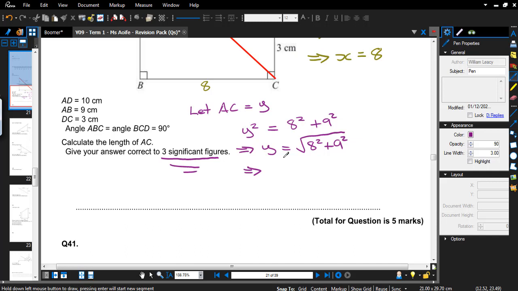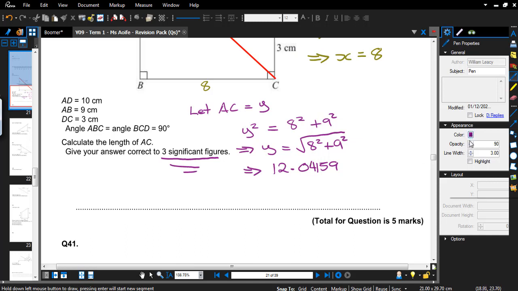So it's root 145, so it's 12.04159, excuse me, I'll change that to a 4 now. Now we have to get the third significant figure.